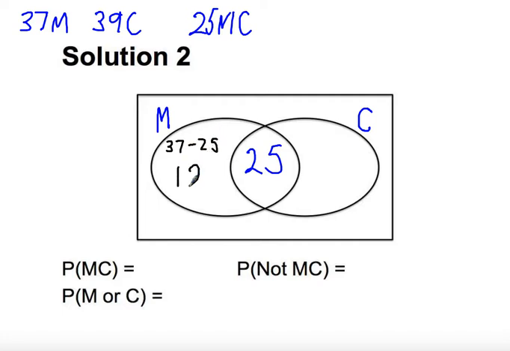So there are just 12 students in the mathematics club only. Similar idea with the code club. There are already 25 in the code club who also attend mathematics. So how many attend just the code club alone? Well, it would be the difference between 39 and 25, which equals 14.